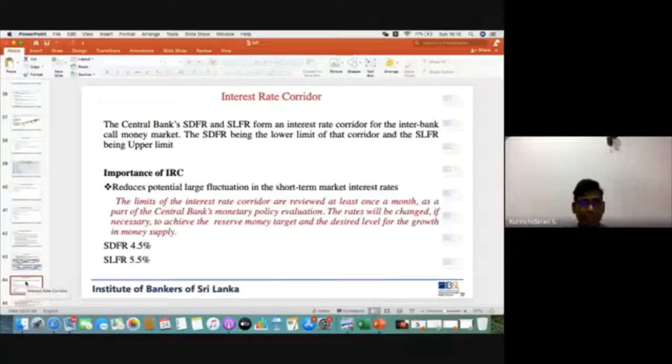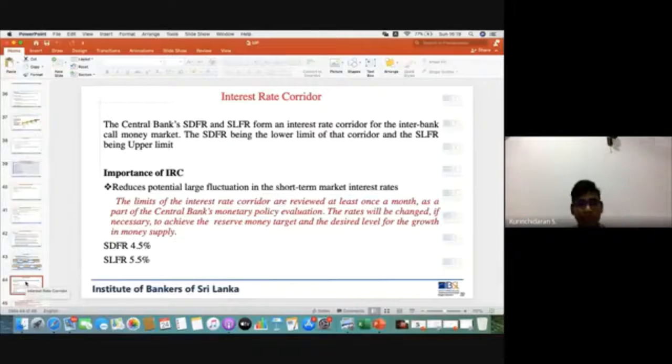As I explained, the central bank's SDFR and SLFR form an interest rate corridor for the interbank call money market, the SDFR being the lower limit of the corridor and the SLFR being the upper limit. So the interest rate corridor reduces the potential large fluctuation in the short-term market interest rate, right?